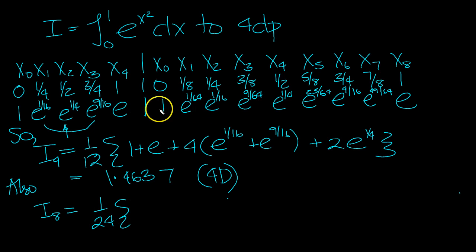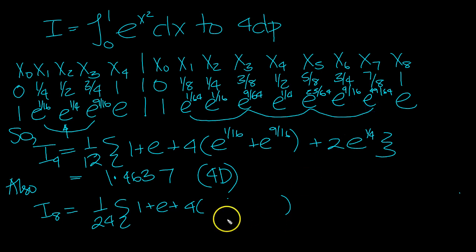The first plus the last one, which is 1 plus e, plus 4 times the odds, y1, 3, 5 and 7: e to the 25 over 64 plus e to the 49 over 64.